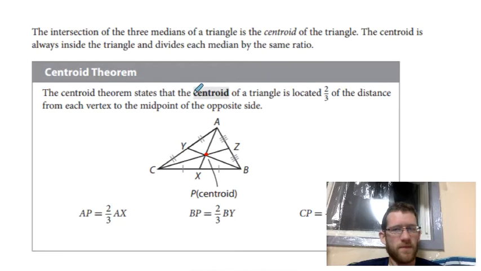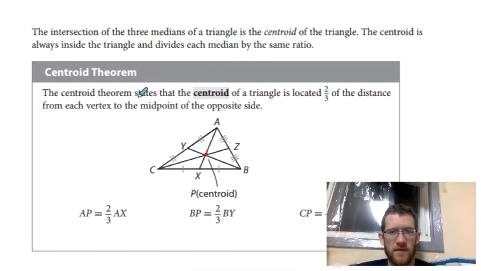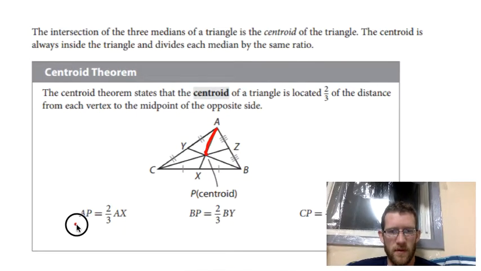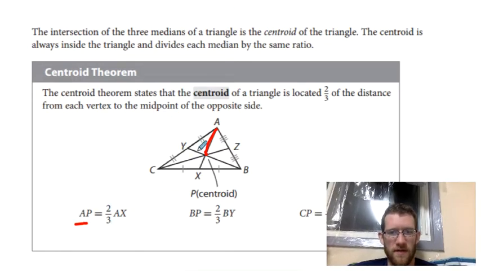So the centroid theorem states that the centroid of a triangle, and the centroid here is the intersection of the medians, is located 2/3 of the distance from each vertex to the midpoint of the opposite side. So they're saying that AP here, A to P, so this distance here, is equal to 2/3 of AX.